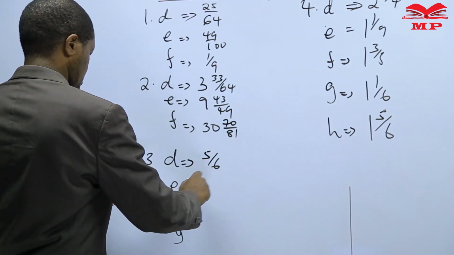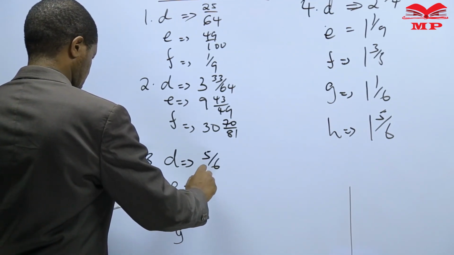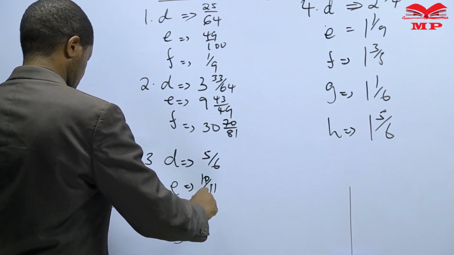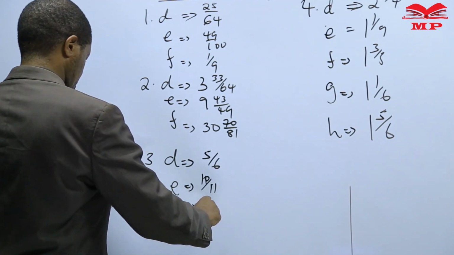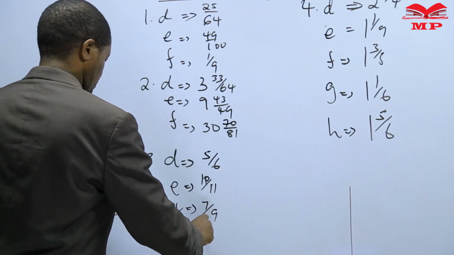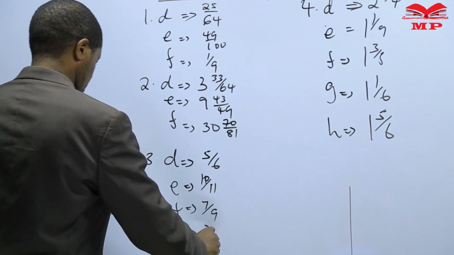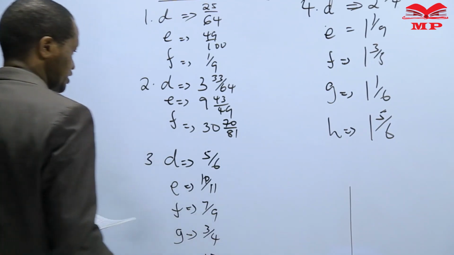E is 10/11. F is 7/9. G is 3/4. And H is 12/13.